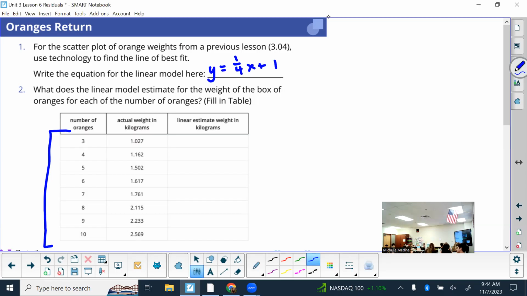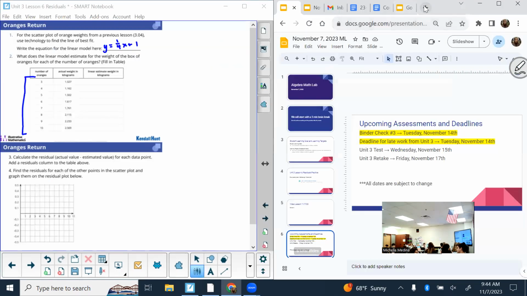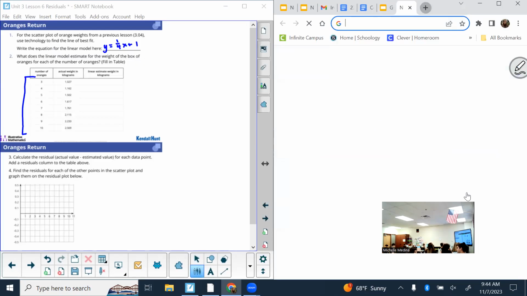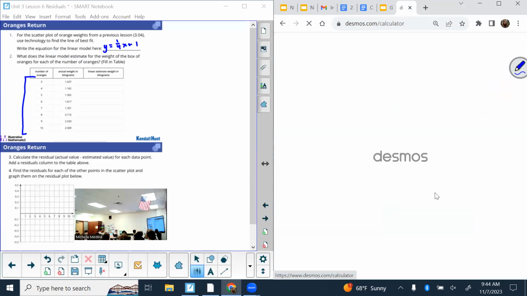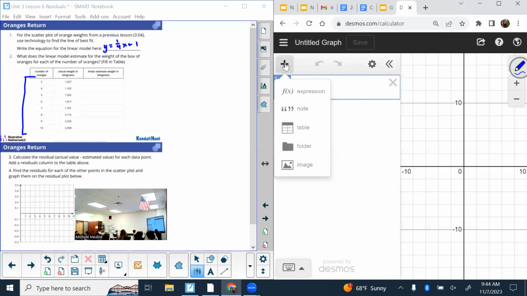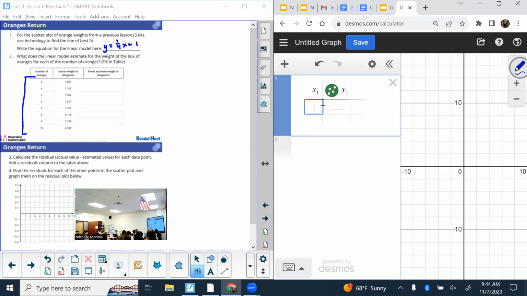So Desmos is the one that everyone will have access to on our unit test, not for state testing, but at least everyone will have this one. How do I put a table in here? What do I press? This plus, add item, and I'm adding a table. And then from there, you're just copying what your data was.